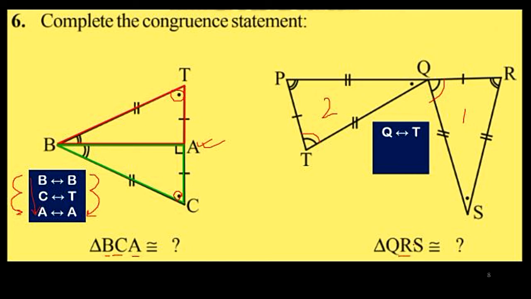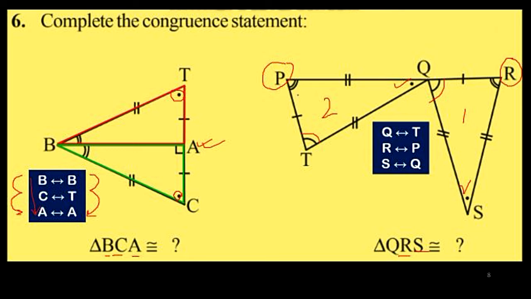Next, R of the first triangle will be corresponding to P of the second triangle. Next, S of the first triangle will be corresponding to Q of the second triangle. I hope you have understood how to mark the corresponding vertex.